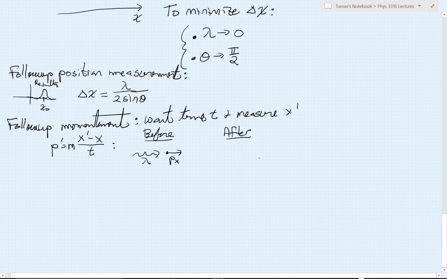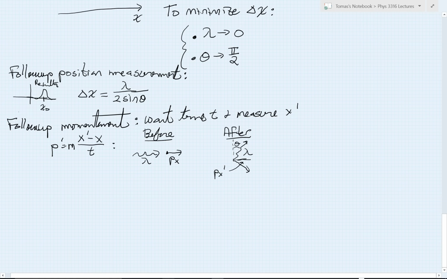Afterwards, my light will be coming out with a wavelength lambda at some angle, I don't know exactly what it is, but it has a maximum range of plus or minus theta. And then my particle itself must be traveling down with some other momentum. My main concern is to figure out what this new momentum is in the x prime direction.